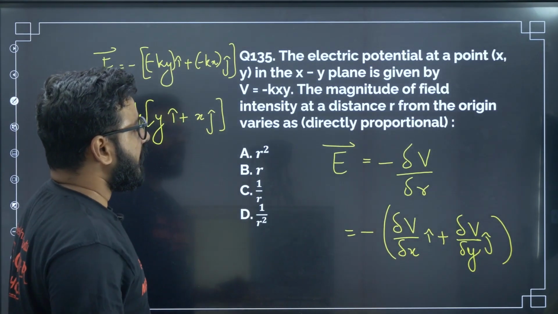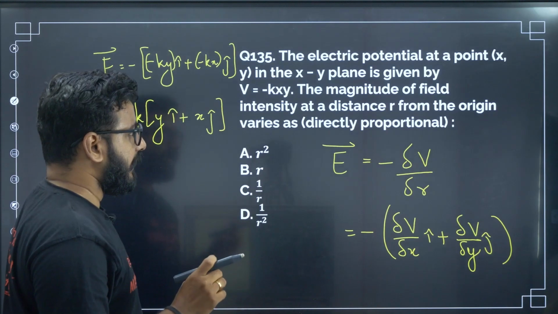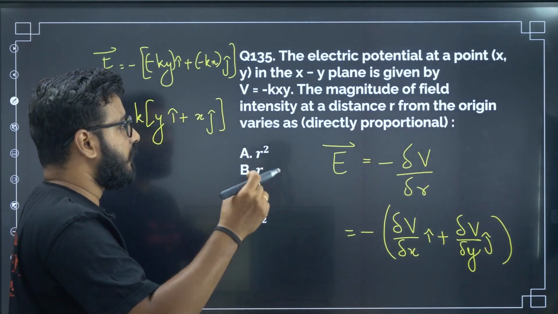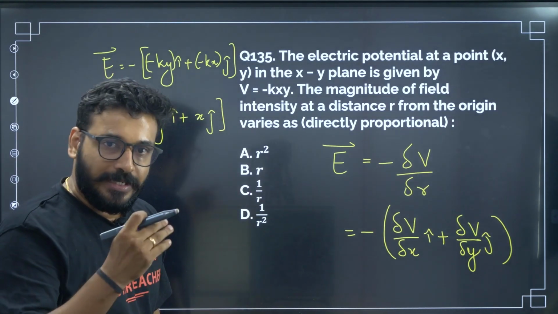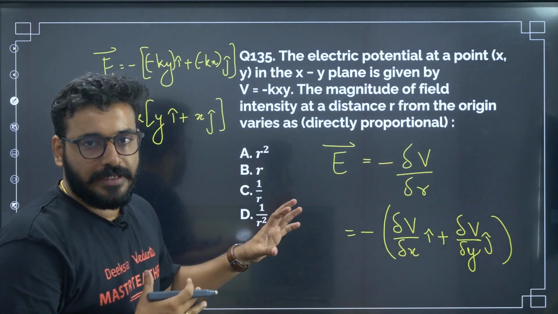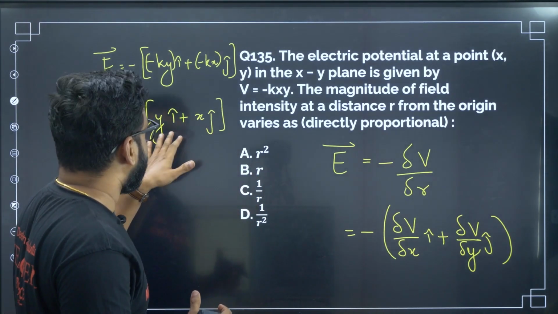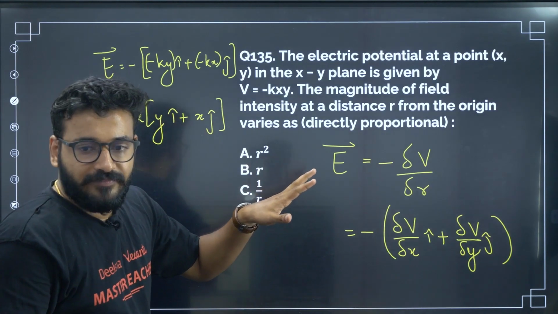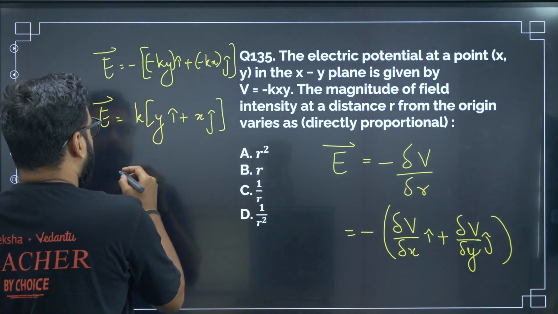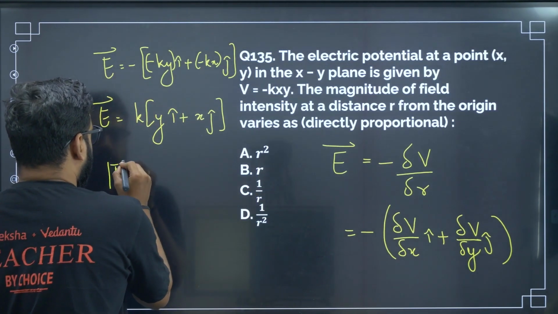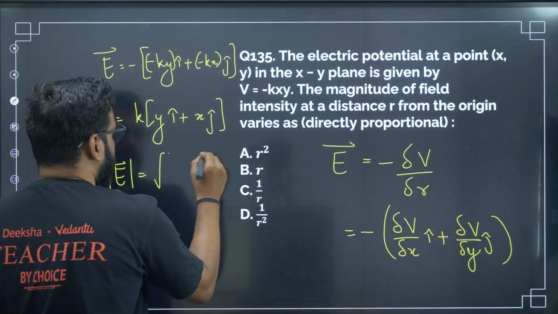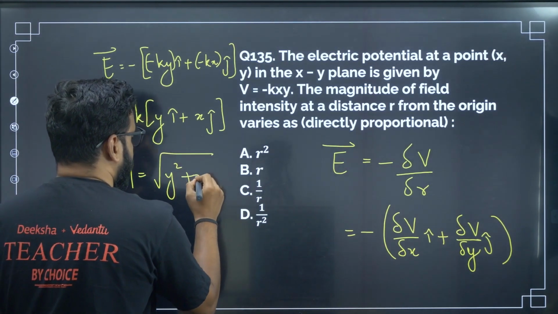Now ultimately, the magnitude of the field intensity at a distance r from the origin varies. So the electric field in this particular case will vary directly with x or y, k into x or y, directly proportional. If you want to find the magnitude, how do you find it? The magnitude can be found out by root of y square plus x square.